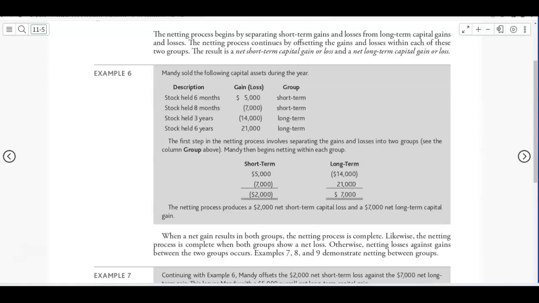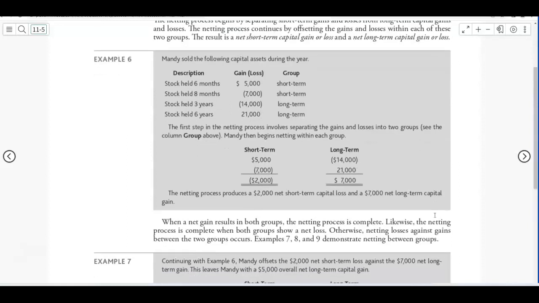On the other side, we have 14,000 long-term loss plus 21,000 long-term gain. That gives us a net amount of 7,000 long-term gain. The netting process produces 2,000 short-term loss and 7,000 long-term gain.